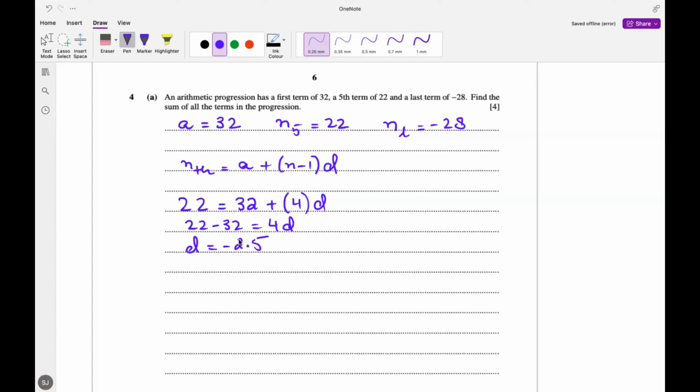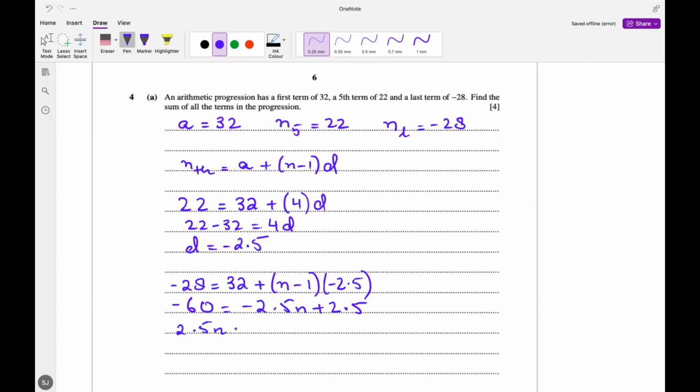Now using this, we can find the number of terms from the last term. Again using the nth term formula, for the last term we have minus 28. We know that a is 32 plus, we do not know what the value of n is, so this will be n minus 1 times minus 2.5. Solving this equation, minus 28 minus 32 will become minus 60, equal to minus 2.5n plus 2.5.